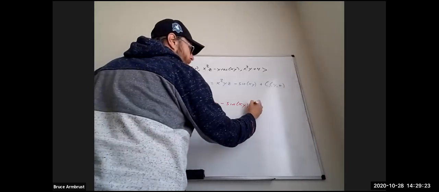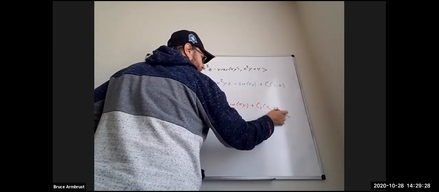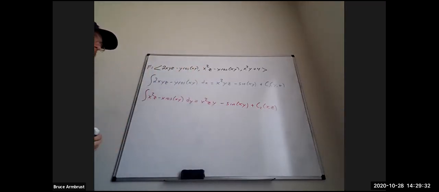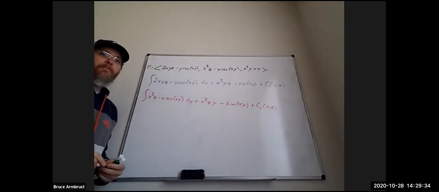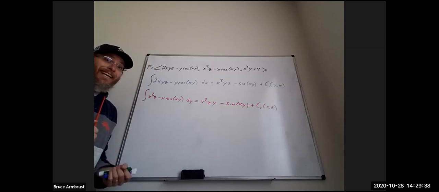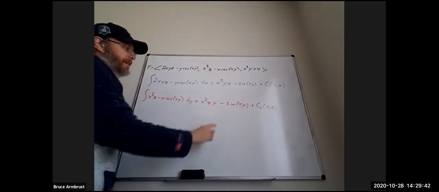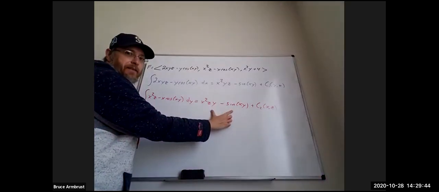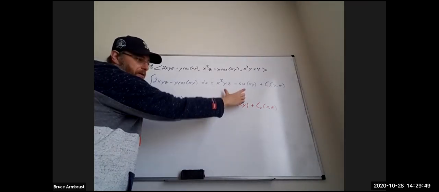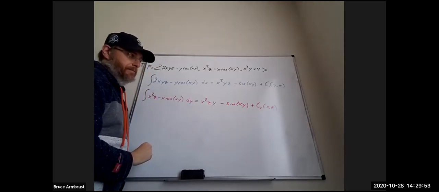But there's also the potential of having something that's only in terms of x and z. All right, so again, I know for sure that this potential function has to have these two pieces, which happen to be the same two pieces as before. I know it's got those two pieces, but there could be more.